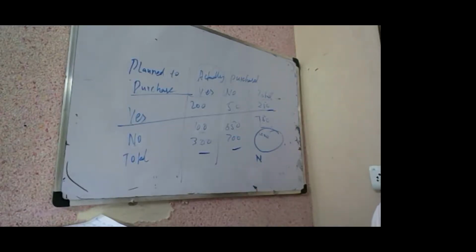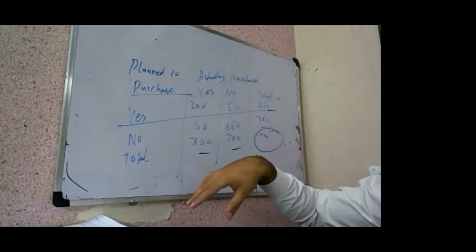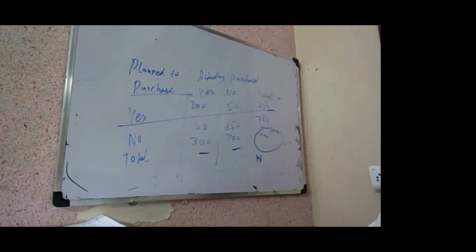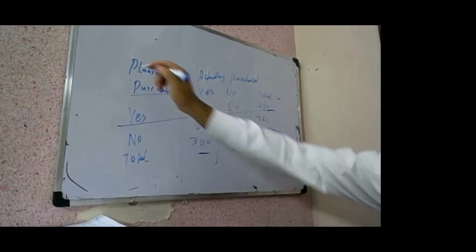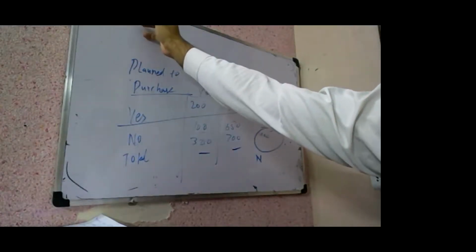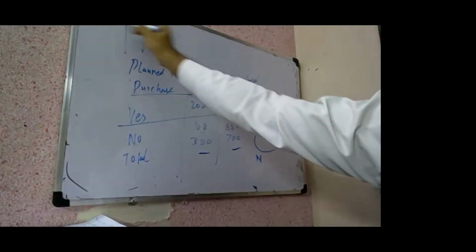So how can we make a decision tree? It's an alternative to the table. This is the contingency table. So first, we can draw this table and find out. Let me draw this table in a smaller size, where P means plan to purchase, and A means actually purchase.